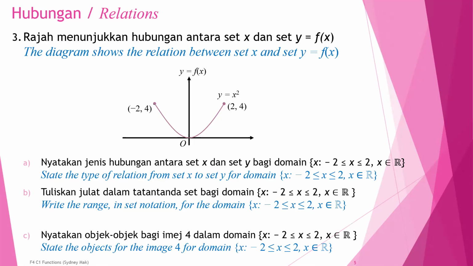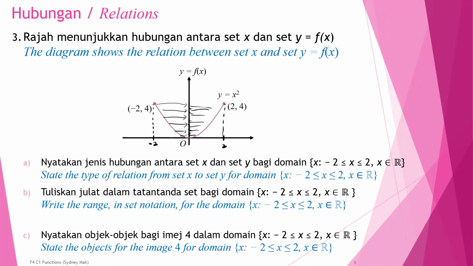But your x will be from -2 to 2. So this is how your y changes, can you see that? From 4 go down to 0, and then go up again to 4. Can you see that? Yeah.